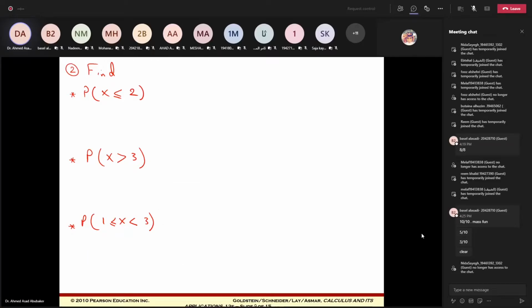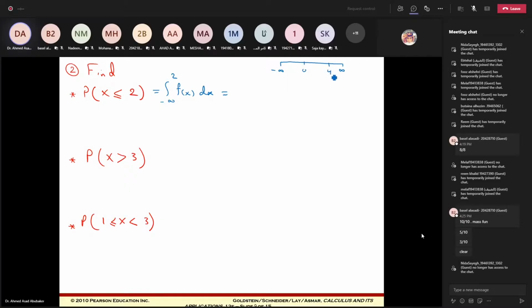by integration. To find the probability x less than 2, this means from minus infinity to 2 for f of x. But we must remember the function is defined from 0 to 4. Less than 0, it is 0.